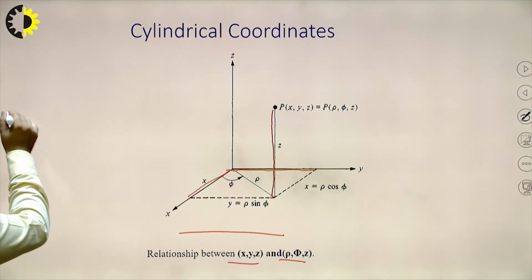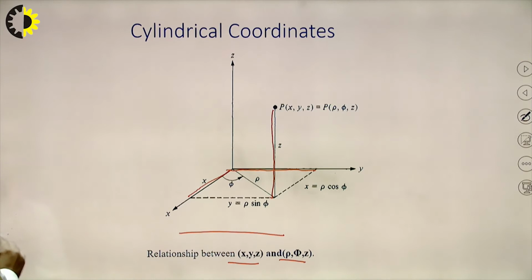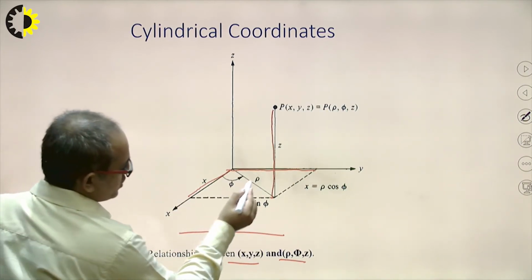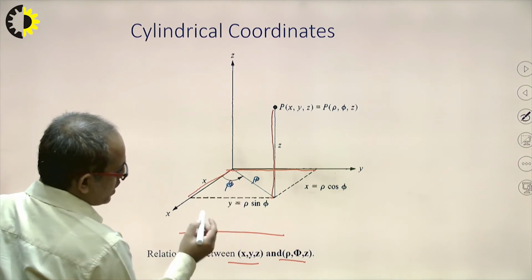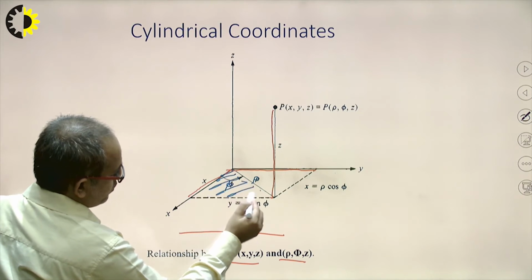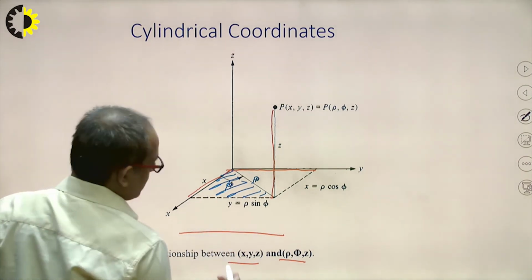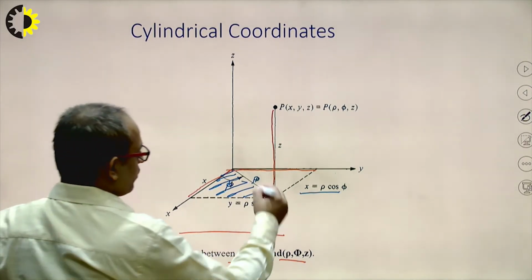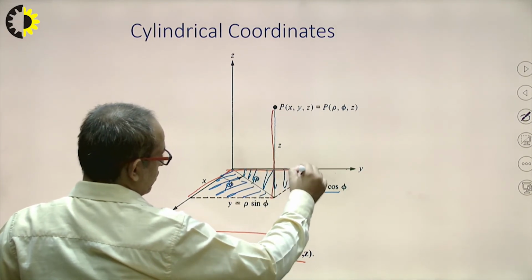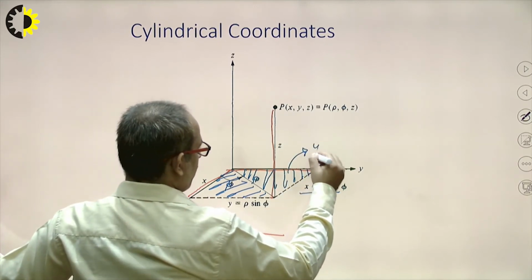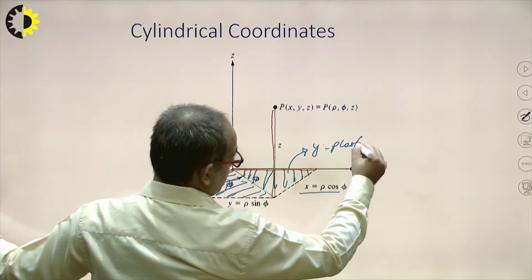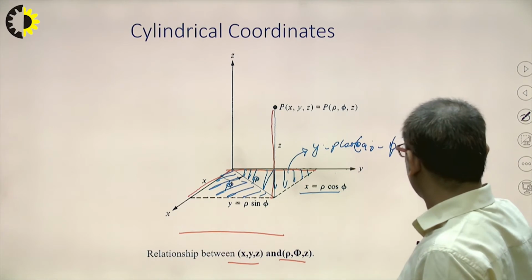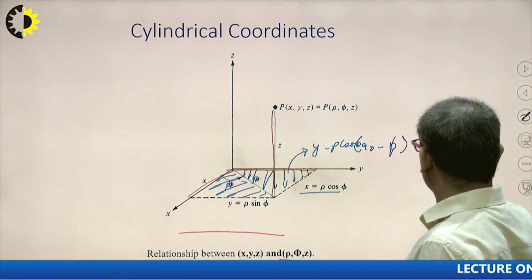Now if I say this one is rho and this one is phi, take this triangle: from this triangle you will get x equal to rho cos phi, and from this triangle you will get y equal to rho times sin of (90 degrees minus phi), and that will become y equal to rho sin phi.